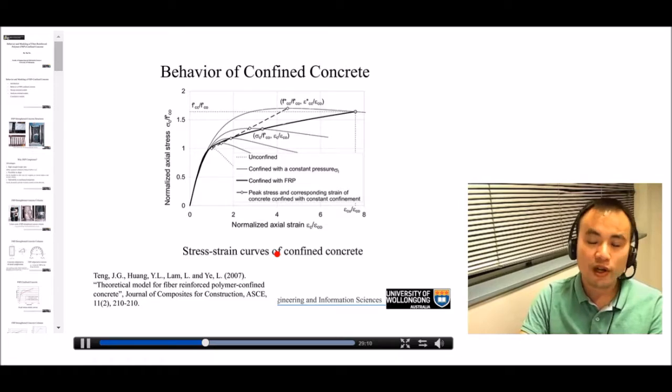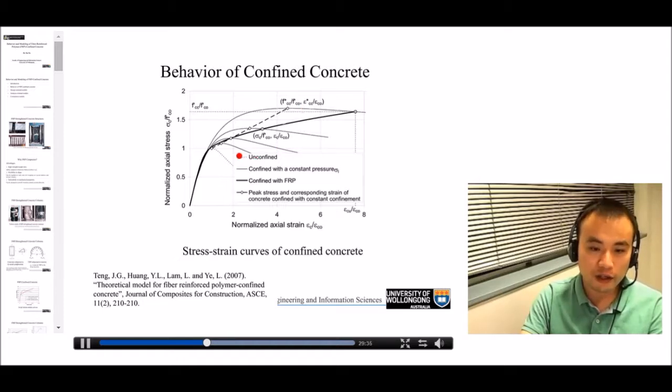Before we can understand analysis-oriented models, let's have a further look at the experimental curves. So in this figure, we're plotting the normalized stress-strain curve of FRP-confined concrete and actively confined concrete. To recall, we define actively confined concrete to be concrete with a constant pressure.